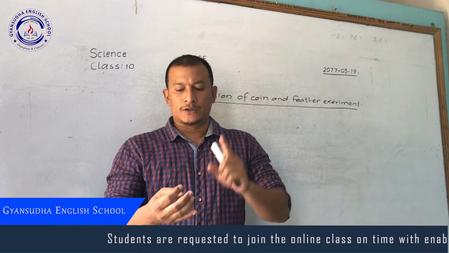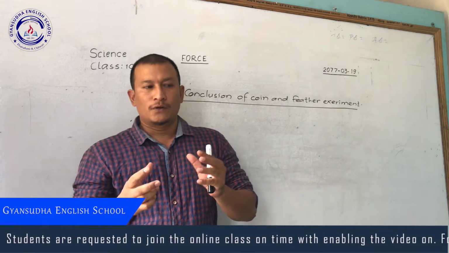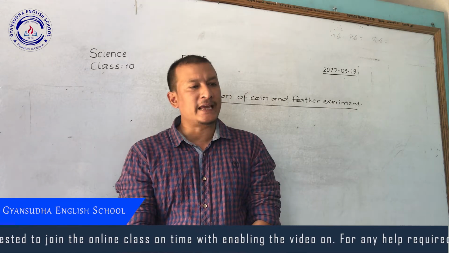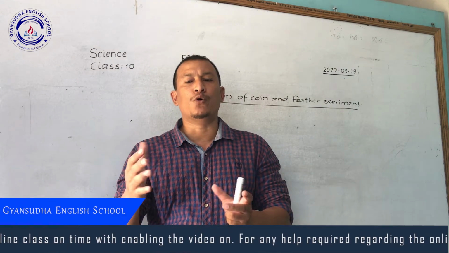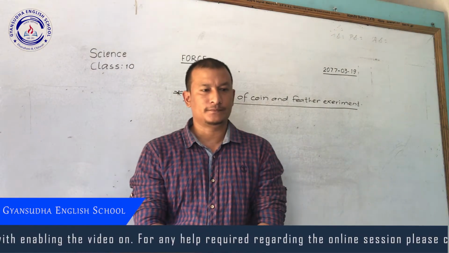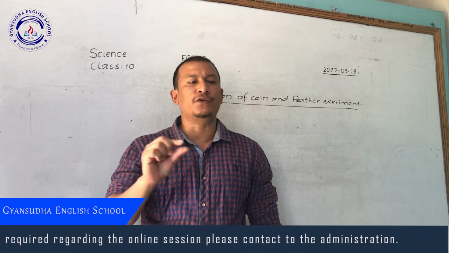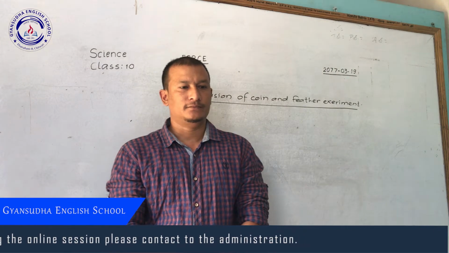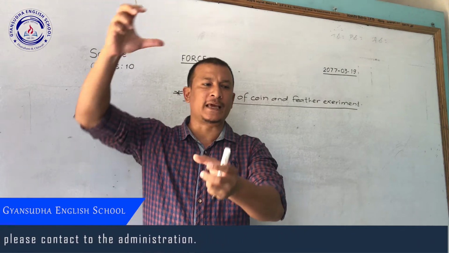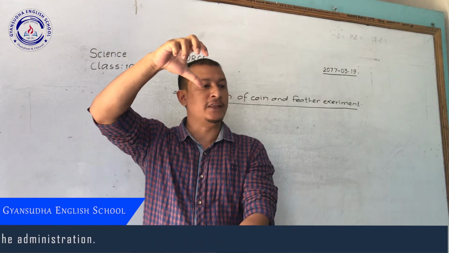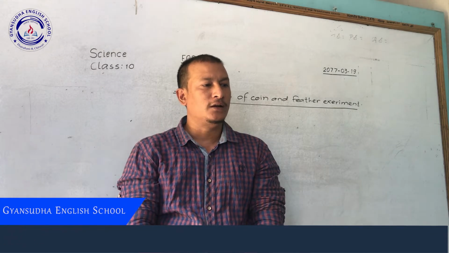A long tube is taken having both ends closed. In the tube, the coin and feather are kept at the bottom. When the tube is inverted, the coin and feather fall.